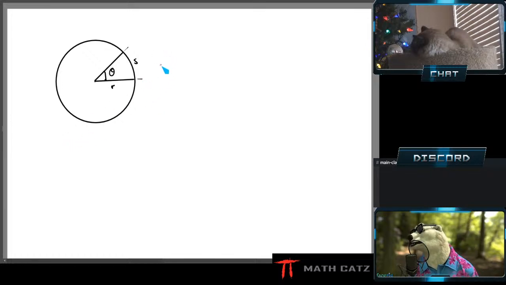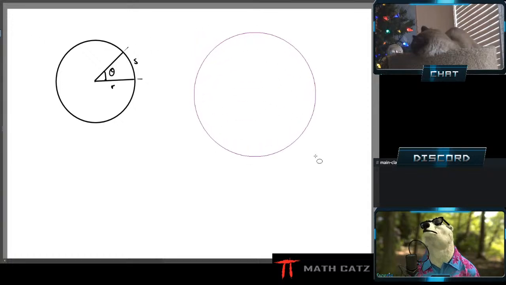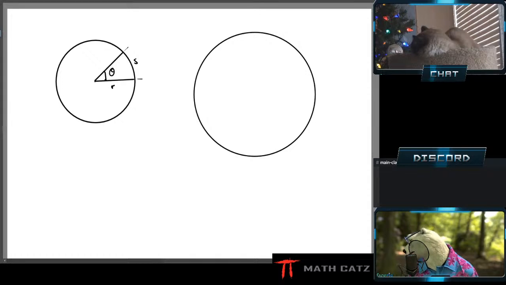Then we saw that the relationship between these three, or really the relationship between arc length and radius, is consistent across the same angle, even though the circle can be different.